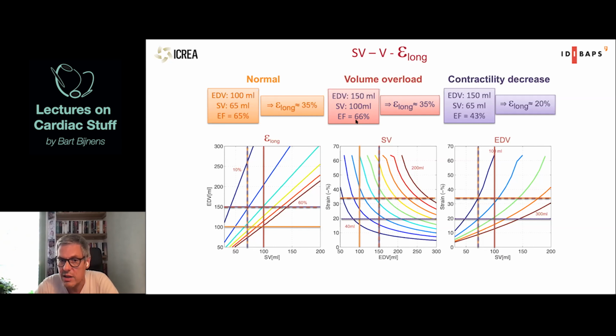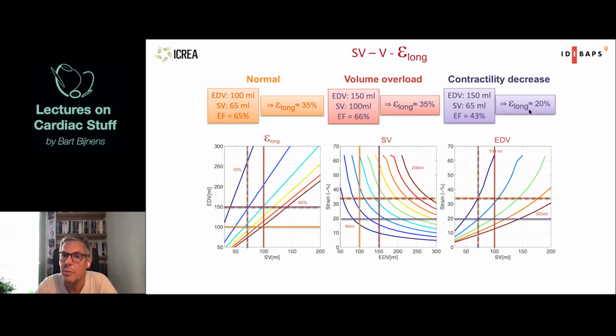Your ejection fraction actually also remains the same. It might increase a little bit, but not necessarily, but you increase your stroke volume by increasing your size. And so by working at a different point here, by having this increase in the size, you're able to compensate for this need of increased stroke volume.